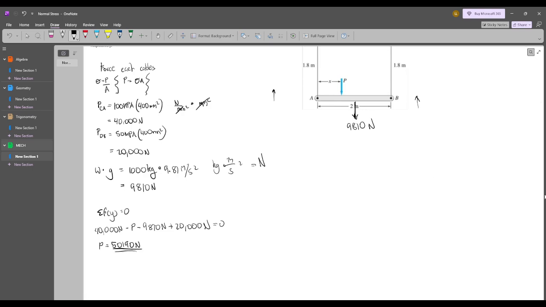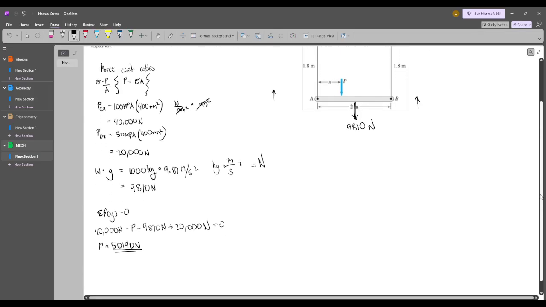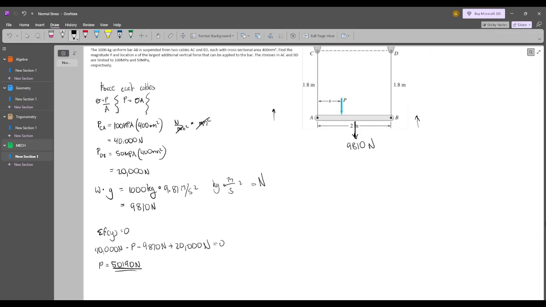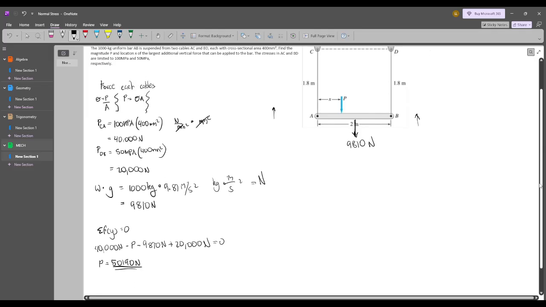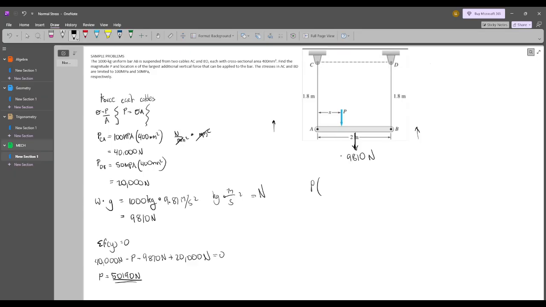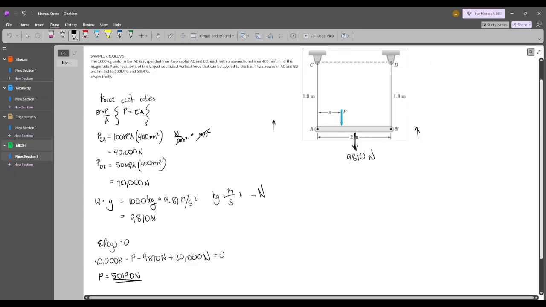Now we need to find X. And since X is just a length, we can use moment, because moment tackles lengths as well. Remember, whenever we take moment, it kind of goes like this. Now we could take moment at B, but I'm gonna take moment at A. That way it becomes like this.